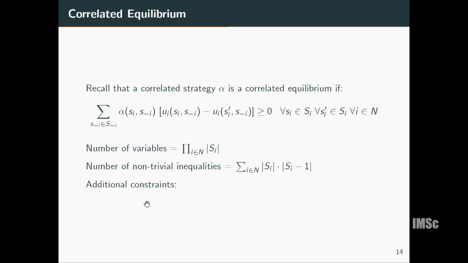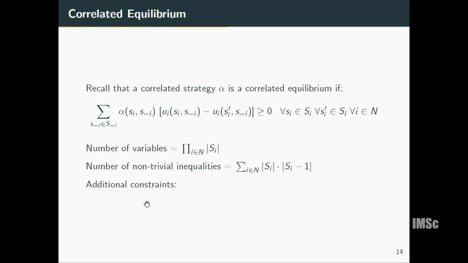When you say compute the correlated strategy equilibria, it means that you need to come up with these alphas, which form a valid probability distribution over the strategy profiles. You want to find the alpha which satisfies these inequalities. And how many such inequalities will there be? It will be these many.